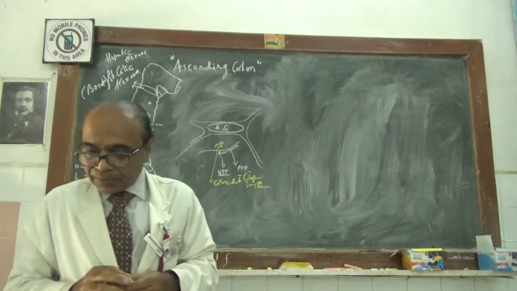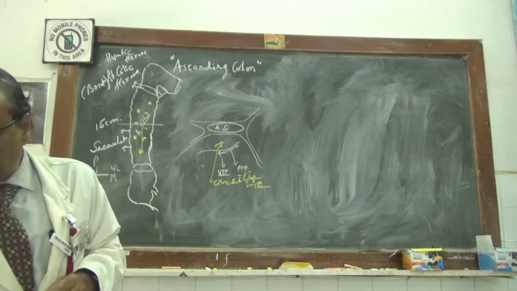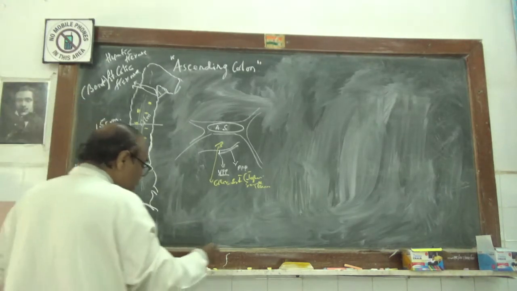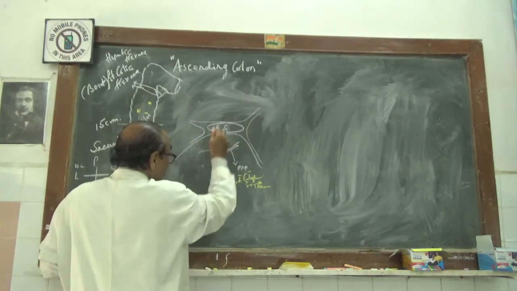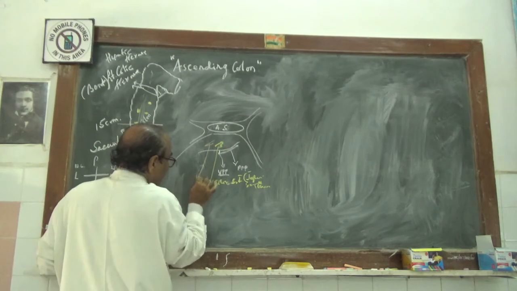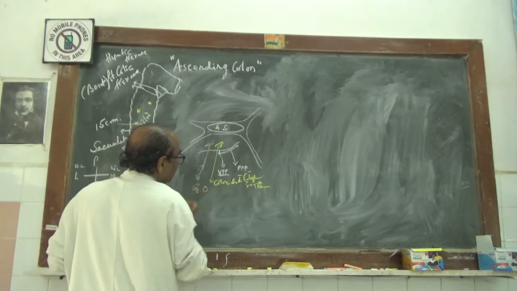Those will be there. Apart from that, you will get one portion coming from high up, from the greater curvature of the stomach. So this may be the greater omentum.